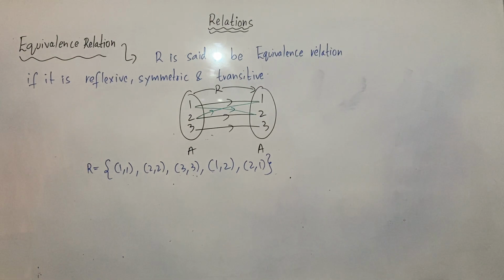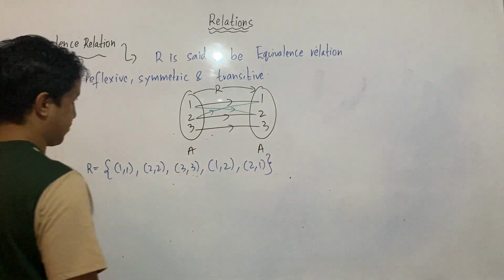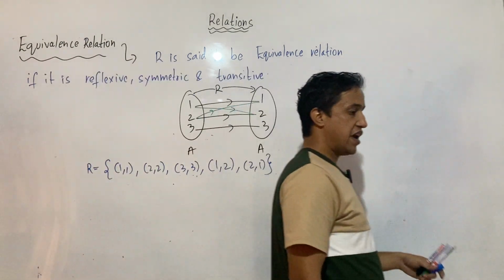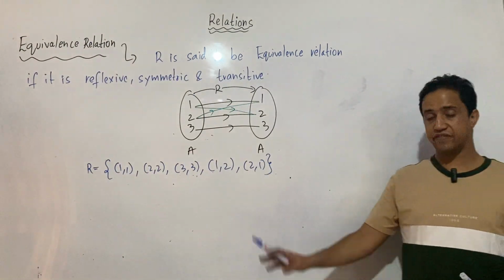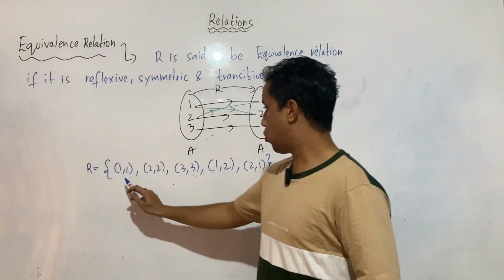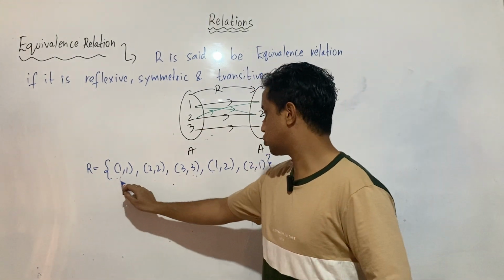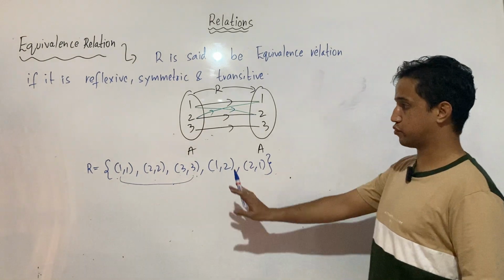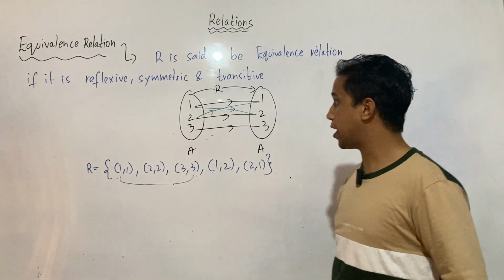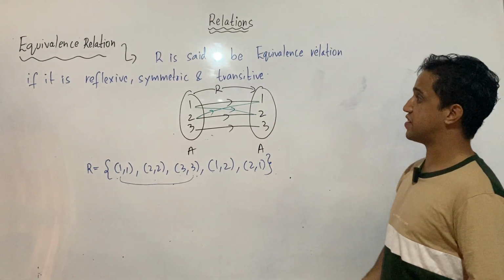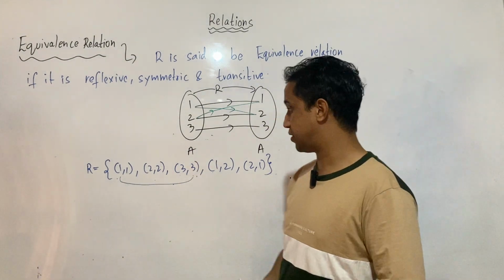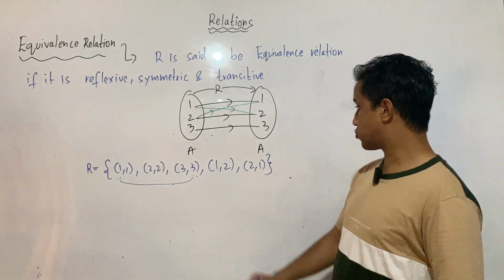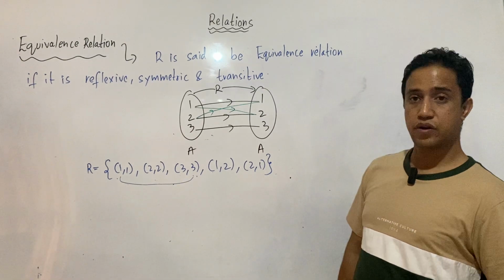Now, let's see if it is reflexive. Reflexive says that a relation is said to be reflexive if all the elements of A are related to itself. So (1,1), (2,2), (3,3). These three ordered pairs make this relation reflexive. Then symmetric: if A is related to B, then B must be related to A. Yes, this is symmetric, right?